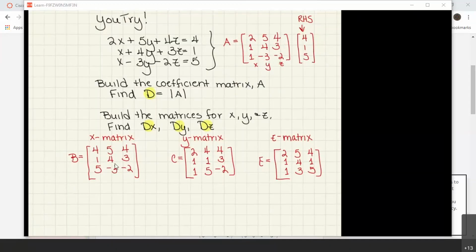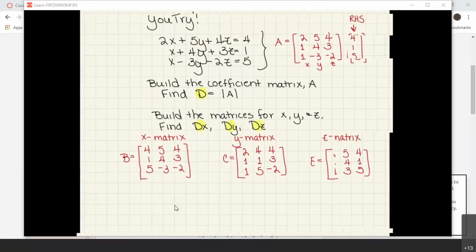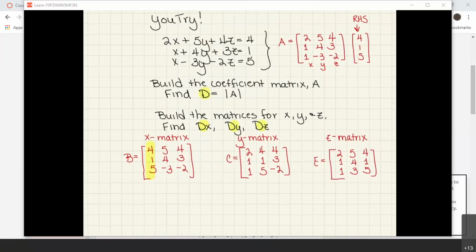Then I said build the matrices for X, Y, and Z. So remember how that works. You're going to take the coefficient matrix and replace the column of interest with your right-hand side. So here's my X matrix. It's the same as the coefficient matrix, except the first column is replaced with the right-hand side.